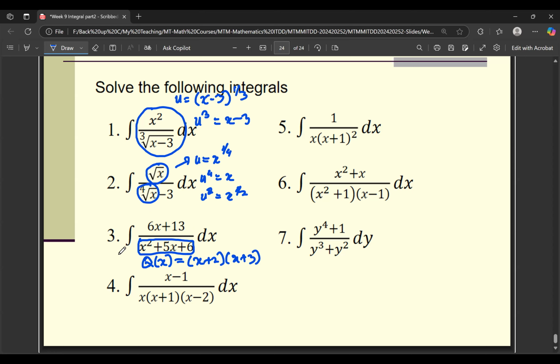So then we have case 1 here. Case 1, the non-repeating linear factors. And Px and Qx will go to partial fraction.